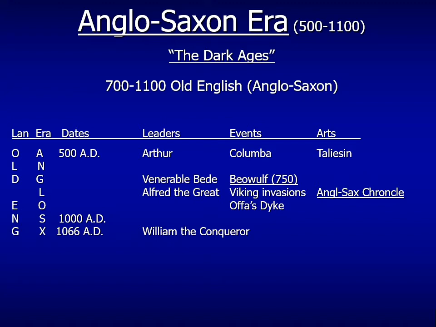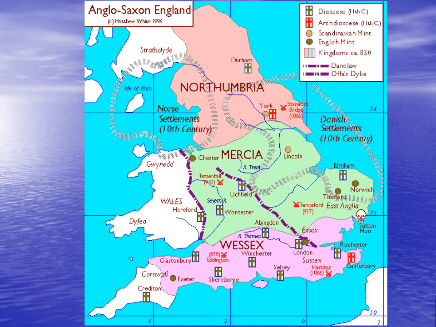And this is the beginning of the Dark Ages. You can see that this is the time that Beowulf was written, and it's the one really big name of Old English literature.